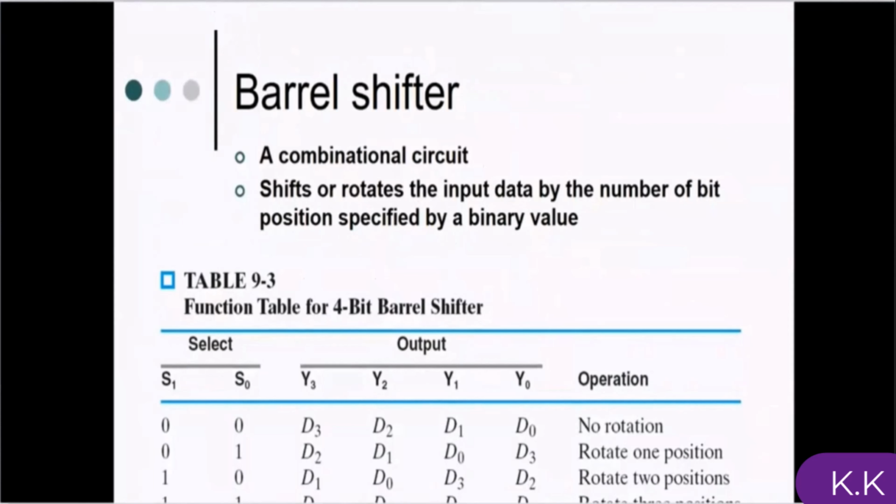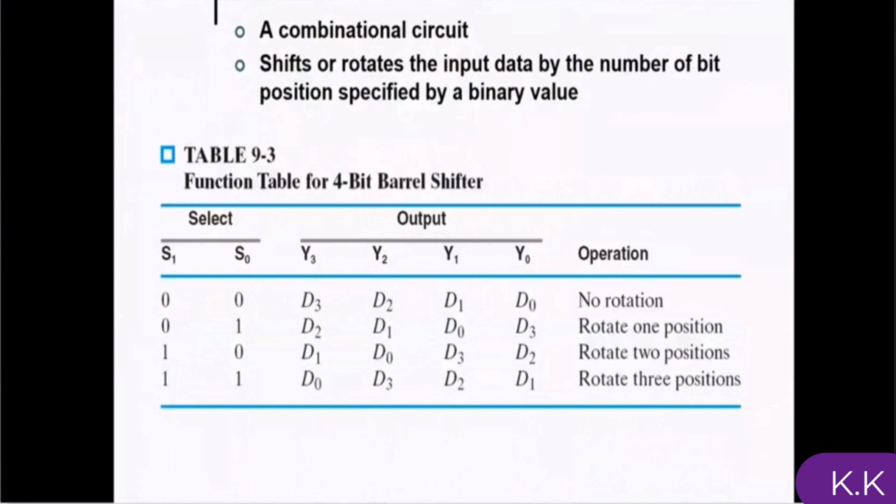How can I perform more than 1 bit shift by a circuit? Assume that we have a 4 bit number. So this is a 2-to-1 barrel shifter, which is a combinational circuit that shifts or rotates the input data by the number of bit positions specified by a binary value. So if you want to shift data 2 times, 3 times, 10 times, it is not necessary to spend more time.